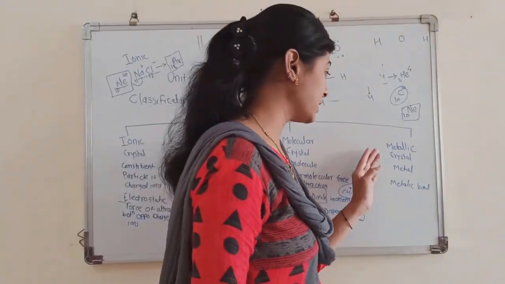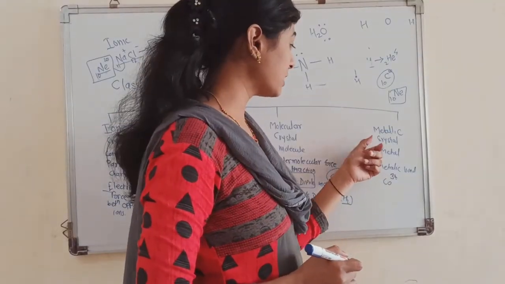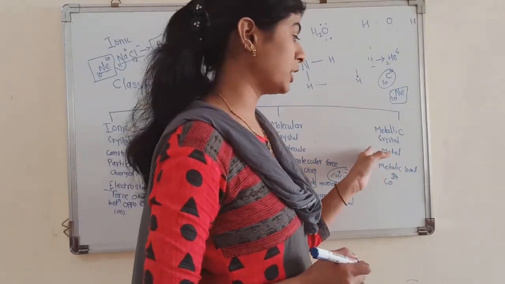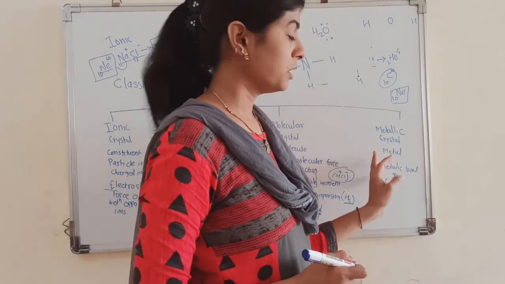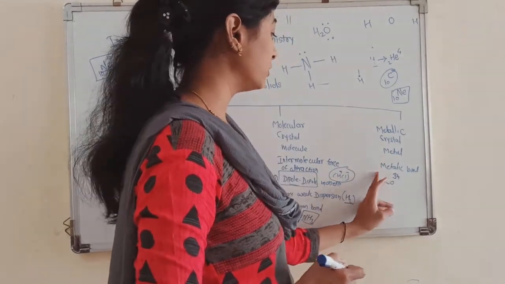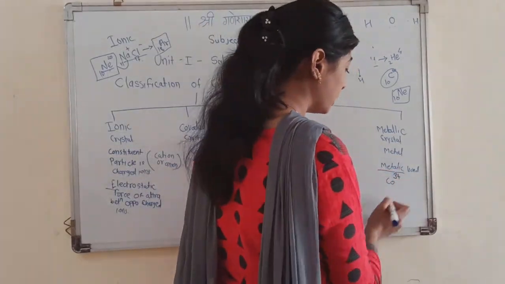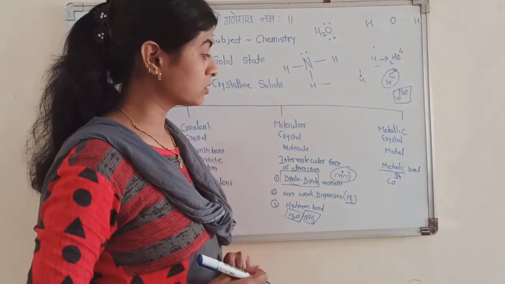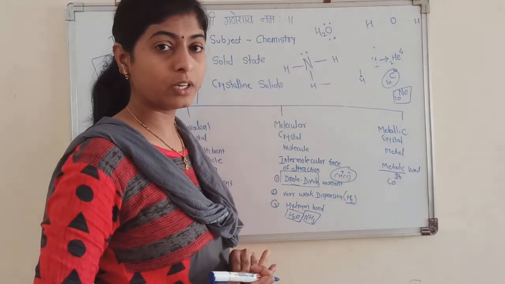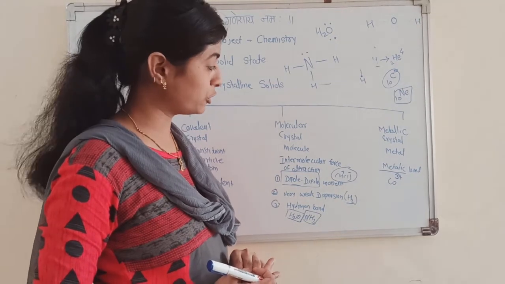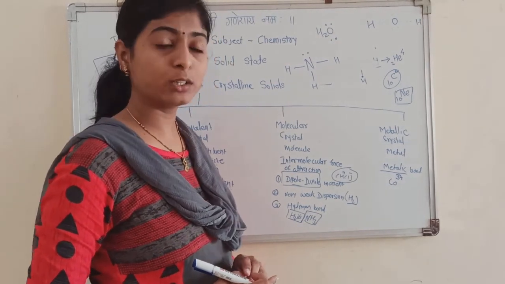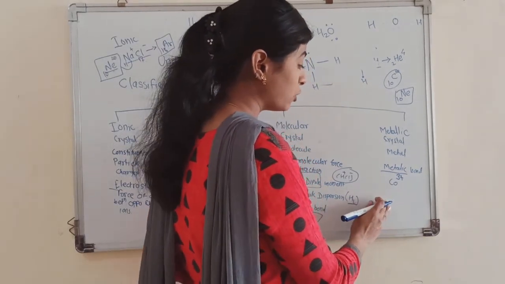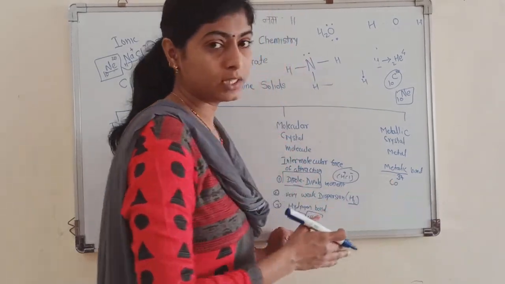Next, metallic crystal. In metallic crystals, as we saw earlier, the constituent particles are metal ions and the bond is metallic bond. Now, what is a metallic bond? Each and every metal has a certain number of electrons according to its electronic configuration, and the valence electrons of each metal revolve around the nucleus.